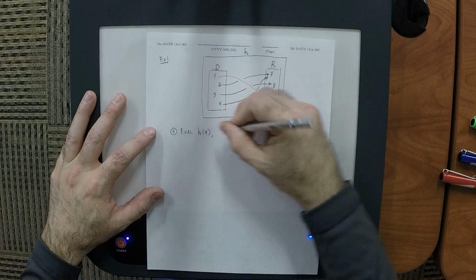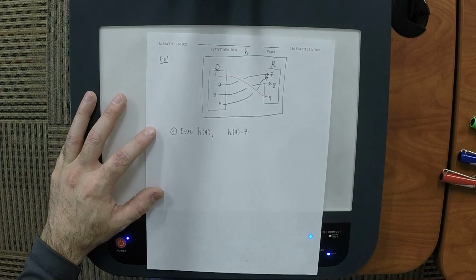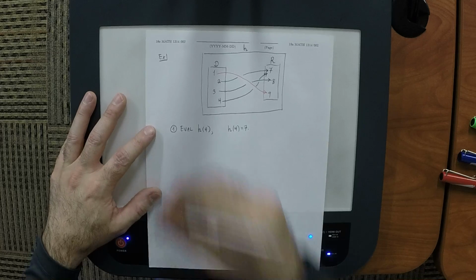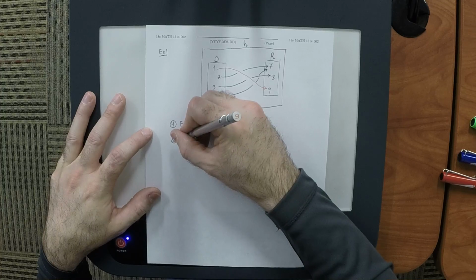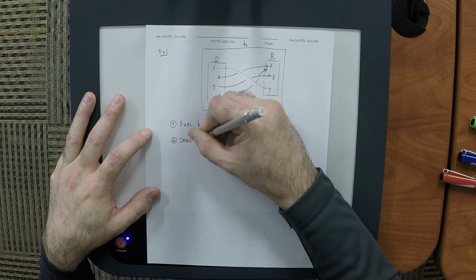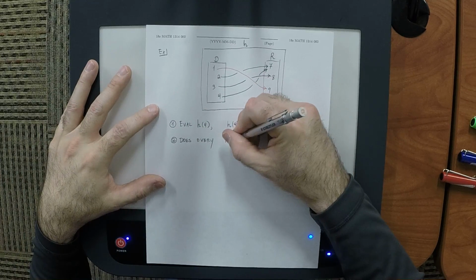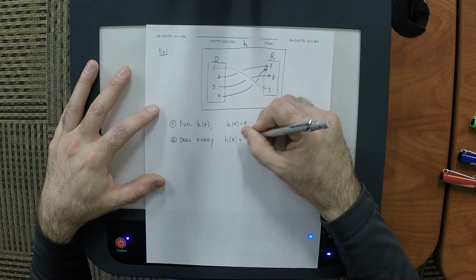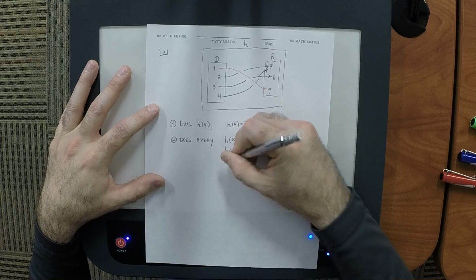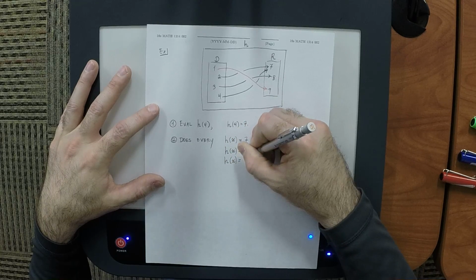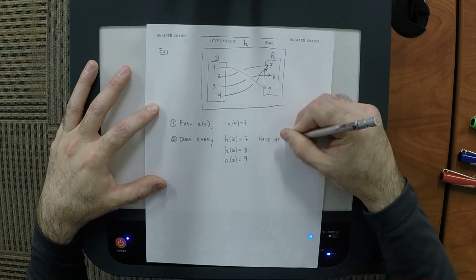So what is it? It's 7. Okay. Is it the case that every h of x equal to 7, h of x equal to 8, and h of x equal to 9 has at least one solution?